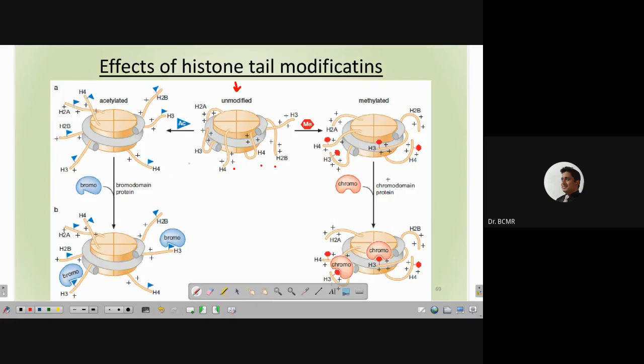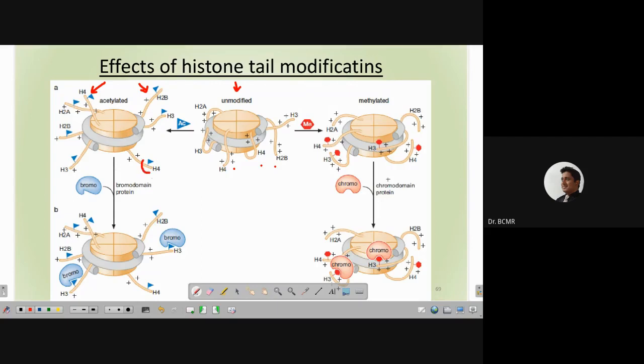If you have acetylated it, then there is a neutralization, or it's kind of negative charge added. And then what you will get is that the DNA becomes much more open. Not the DNA, sorry. The histone tails get much more extended out like this.